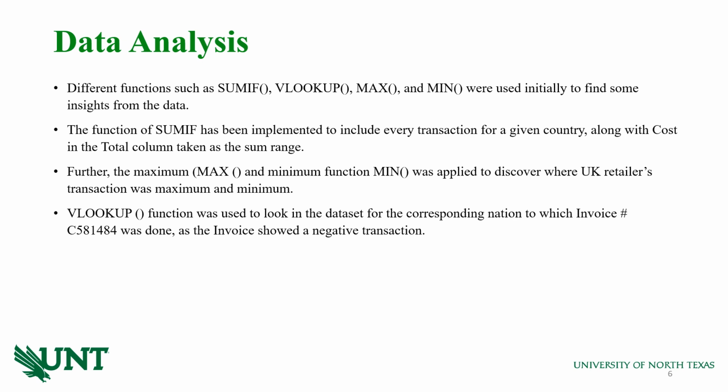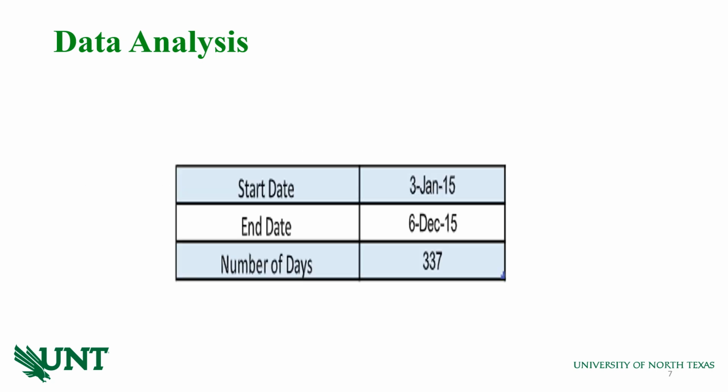The VLOOKUP function was used to look in the dataset for the corresponding nation to which invoice C581485 belonged, and the invoice showed a negative transaction, which is United Kingdom.